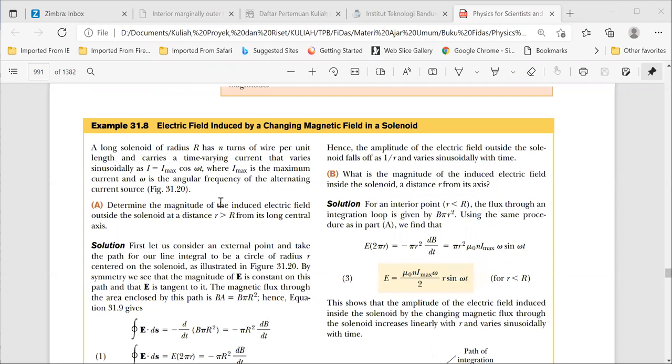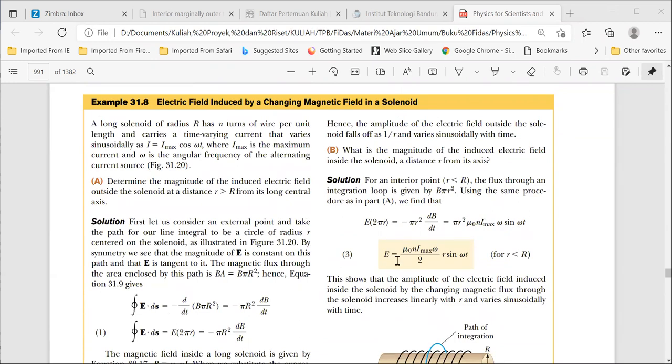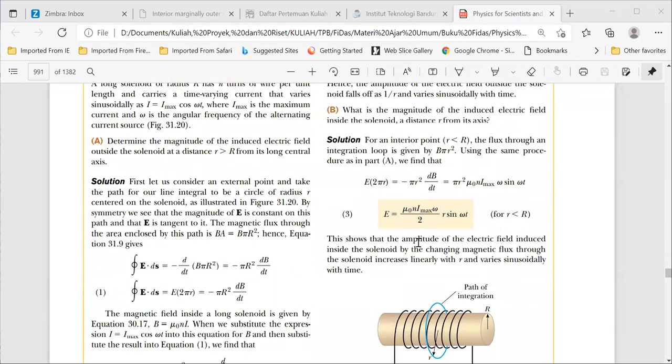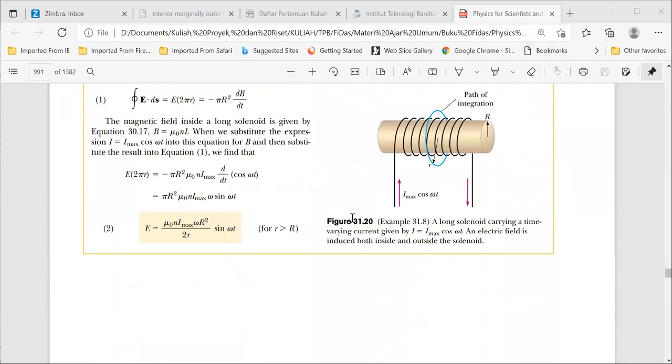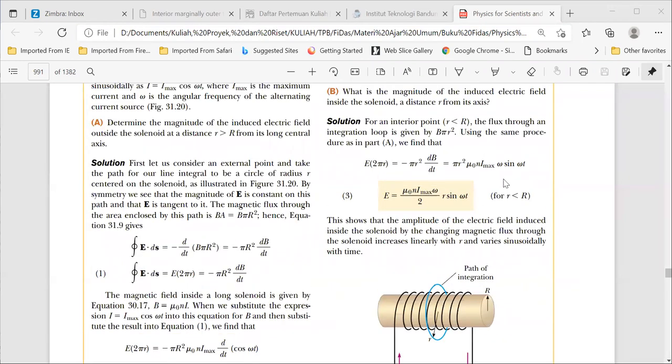What about inside the solenoid? This is the one inside the solenoid. So the difference is there is a capital R here compared to this one.